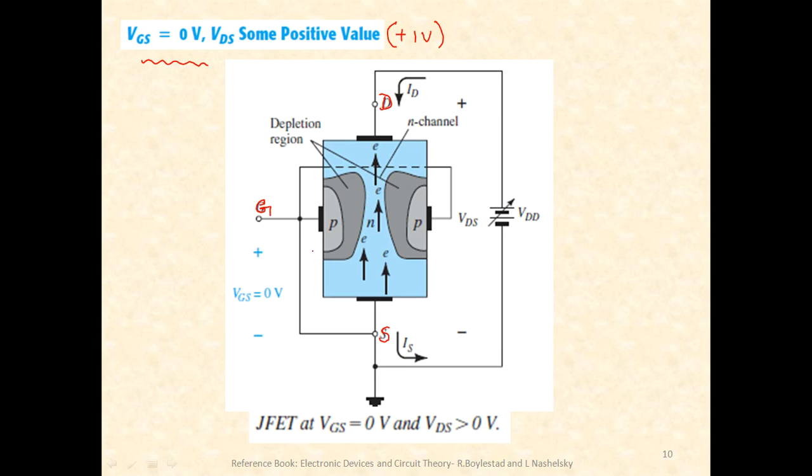Okay. Right now gate and source are being shorted and are held at ground potential, so VGS is 0, and drain is being applied with some positive voltage with respect to the source. So drain is held at a positive potential and source is held at a negative potential, and it is just grounded. So everything, all of them are being grounded.